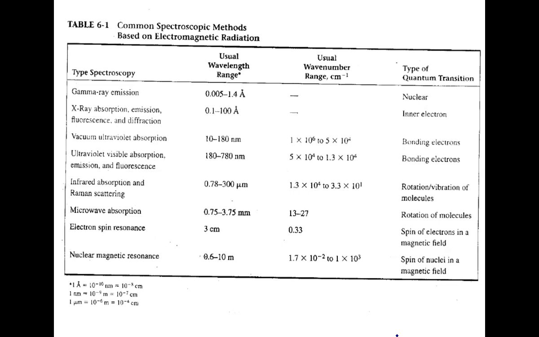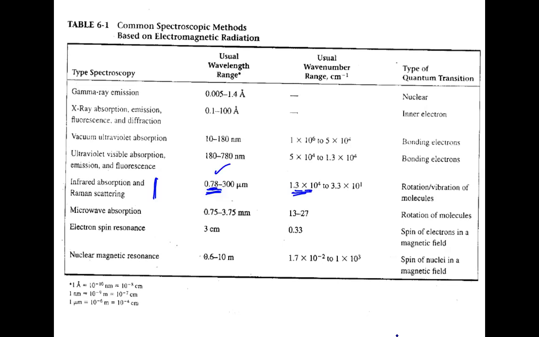So how do you convert? I emphasize this because we're going to face it. How do you change 0.78 microns to per centimeter? All right, so in other words, how do you convert 0.78 to correspond?